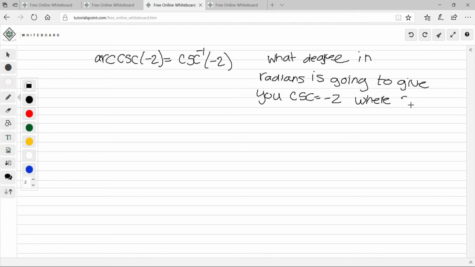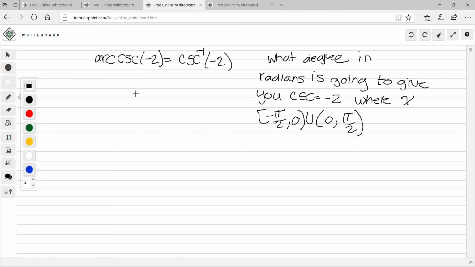where alpha is from -pi/2 to 0 union 0 to pi/2. How I got this was it's basically the range of the cosecant inverse.